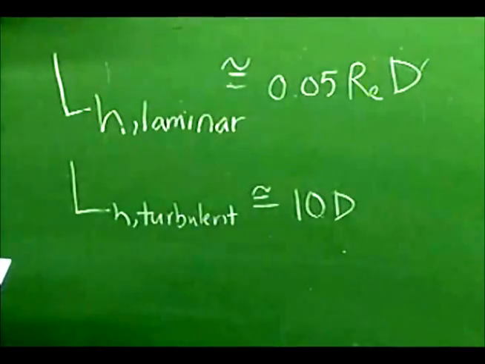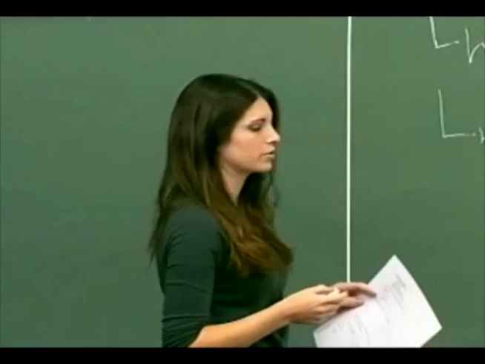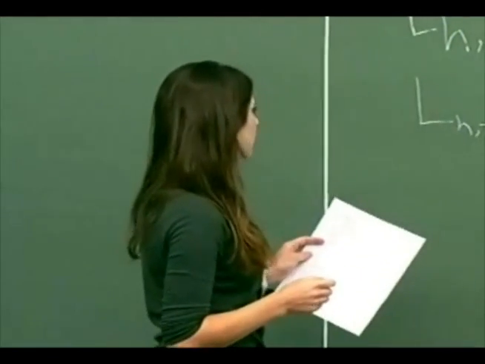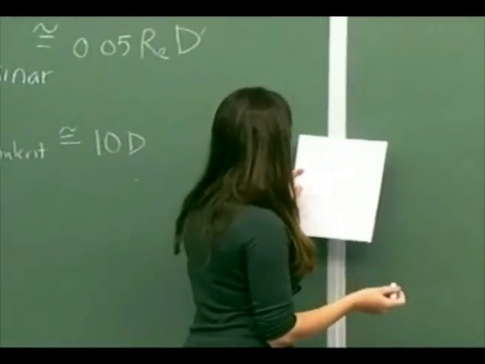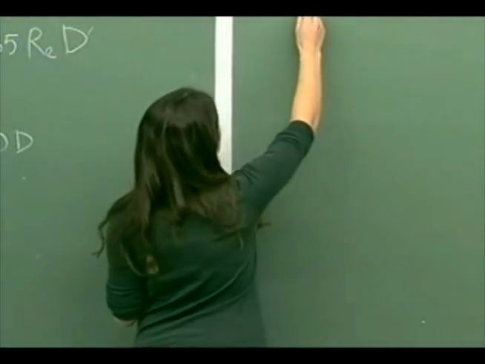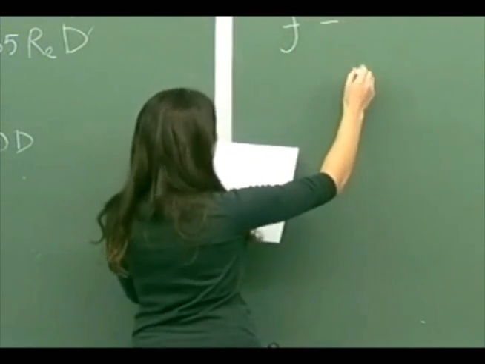The next thing that we'll be looking at is the friction factor within the pipes and also the Reynolds number of the flow through the pipes. The friction factor can be calculated from the experimental values based on this equation, which is given in your book.